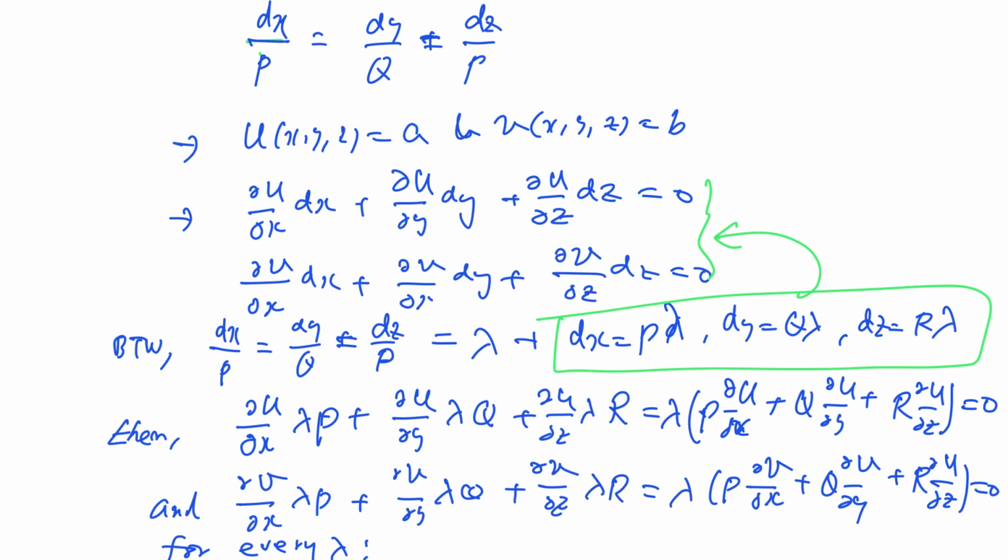So if this condition is supposed to be satisfied for every lambda, then what is the condition? The equation inside of the parenthesis is 0, right?